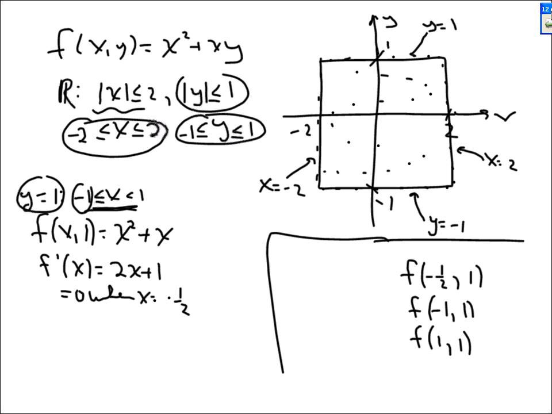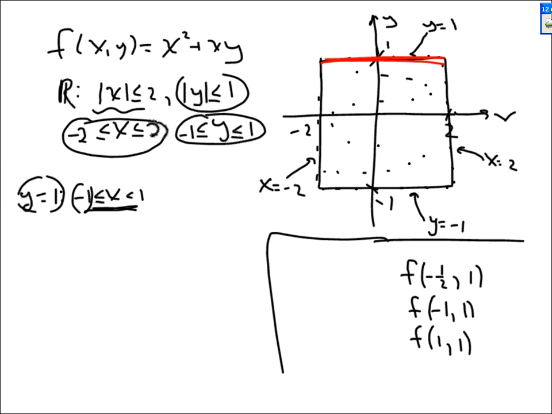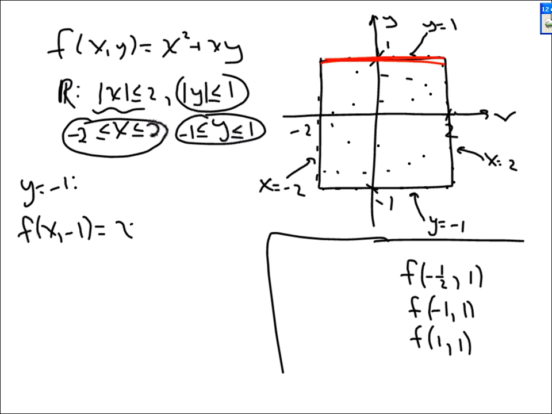Now y equals 1. So I've done this line. Now, what if y is negative 1? Suppose y is equal to negative 1. Then f(x, y) will be x squared minus x.